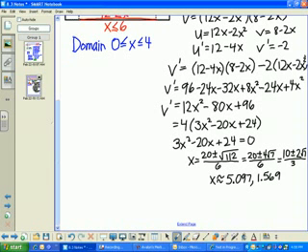We've already talked that the domain has to be between 0 and 4, so we can eliminate that value. So we're checking the volume for whichever one is the largest volume. We should check the endpoints of 0 and 4 in addition to our x that we found the maximum at.